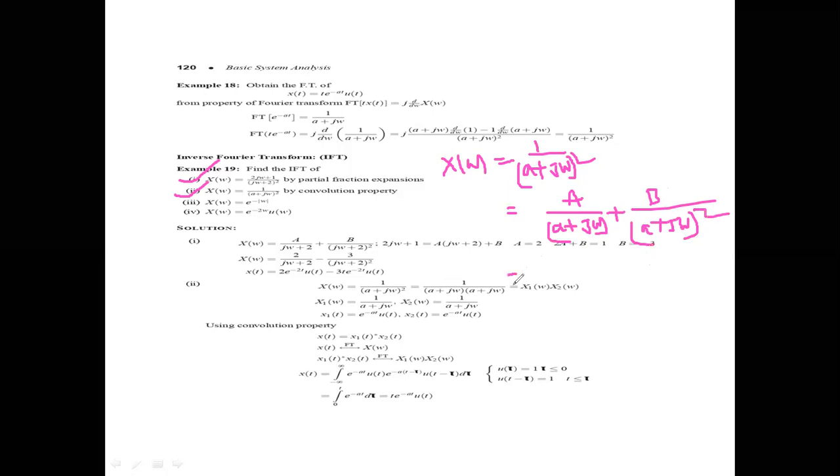Okay, my dear friends. So take the LCM here: a plus j omega whole square, and a into a plus j omega plus b. Same thing. What is here in the left hand side? 1 equals a into a plus j omega plus b.